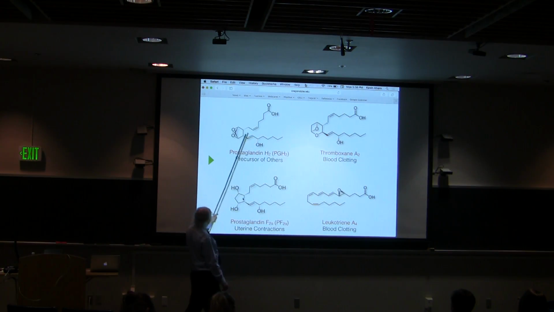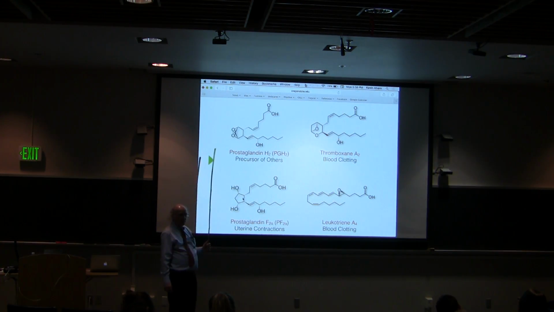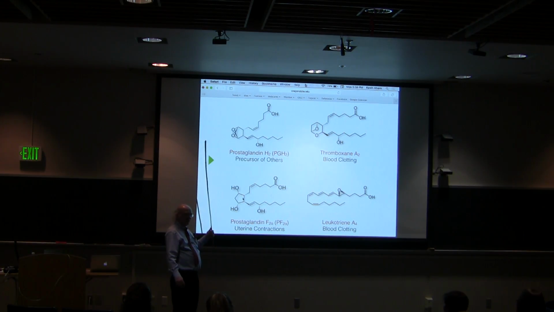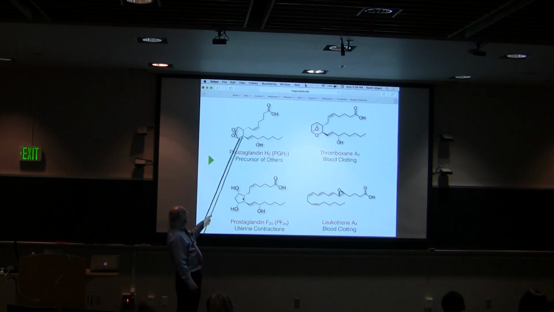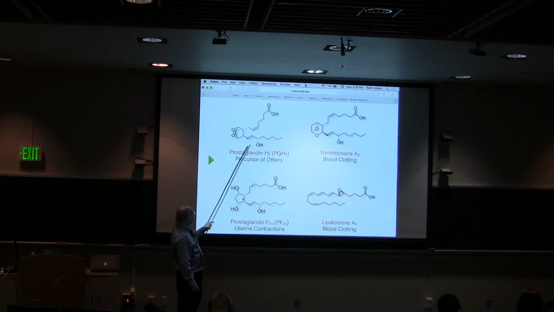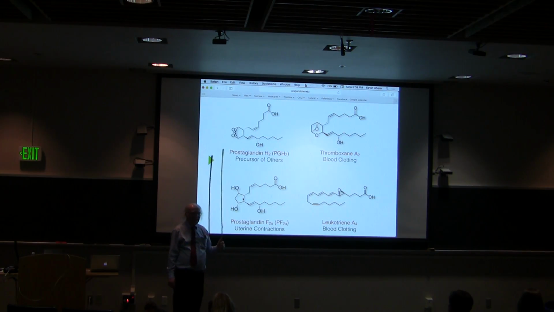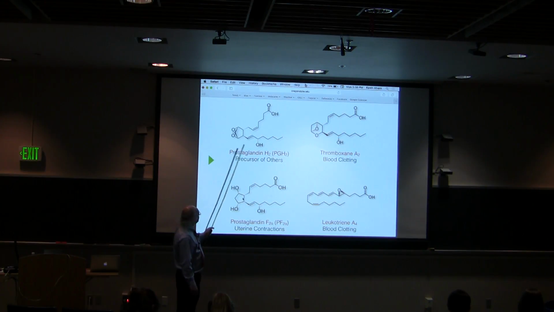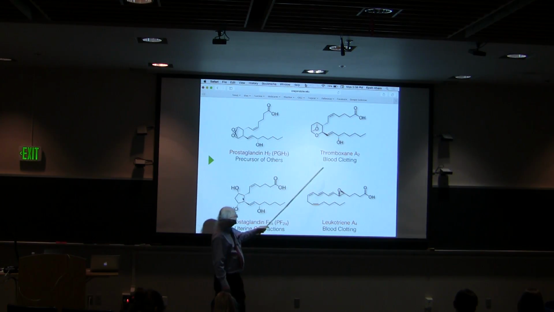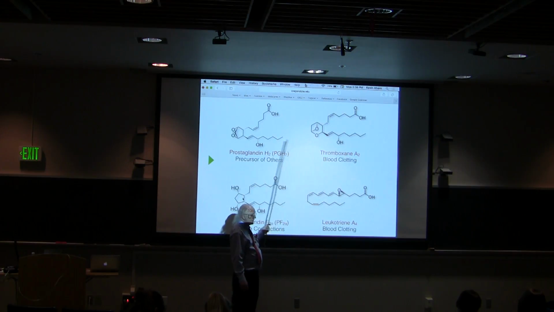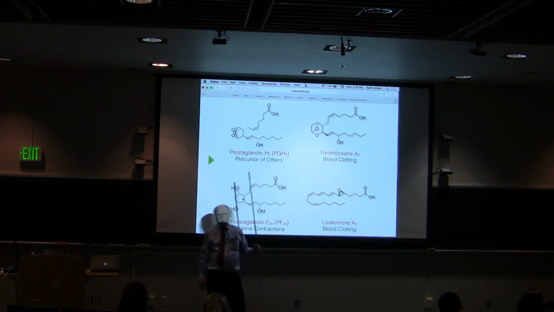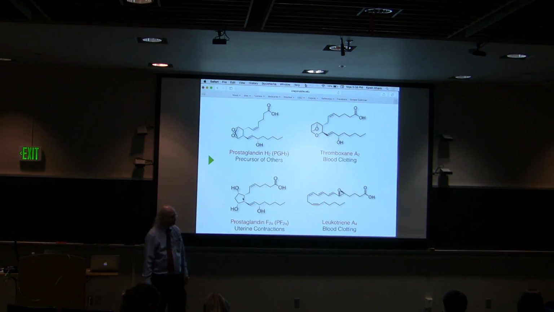And it turns out that the cyclooxygenases that make this guy are inhibited by non-steroidal anti-inflammatory drugs known as NSAIDs. Examples are aspirin and ibuprofen, for example. And that's why we think of these NSAIDs as being painkillers. They will stop the production of prostaglandins. And they're also blood thinners because by stopping the production of prostaglandins, they're stopping the production of thromboxanes, which are involved in the clotting process.